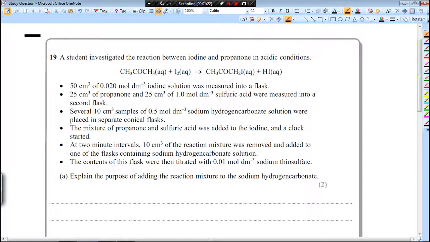Several 10 cm cube samples of 0.5 mole per dm cube sodium hydrogen carbonate solution were placed in separate conical flasks.